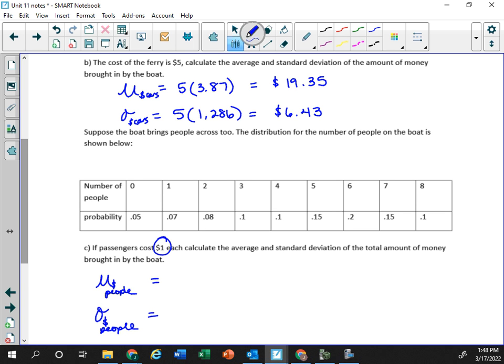Yeah, this is a very cheap ferry. I agree. Maybe this is like a really narrow river. I don't know. Oh, well, yeah, maybe this was before gas prices.